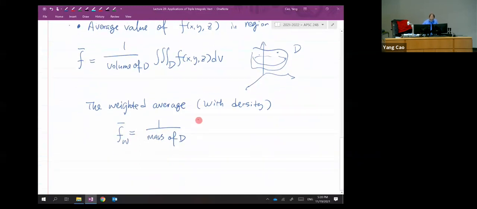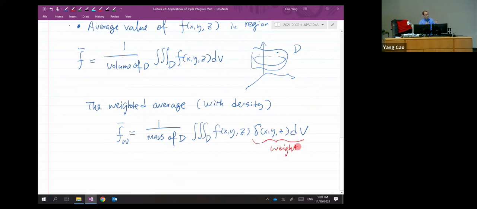So for the weighted average, you integrate f(x, y, z) times delta(x, y, z) dV. This serves as the weight. You're weighting this f with a little bit of mass here. Then you get the weighted average by dividing by the total mass of this region D, the 3D object.